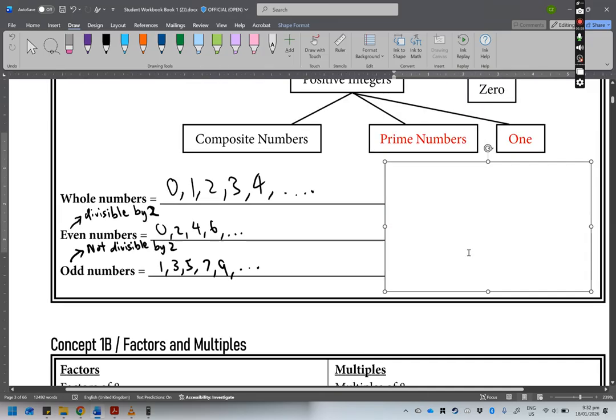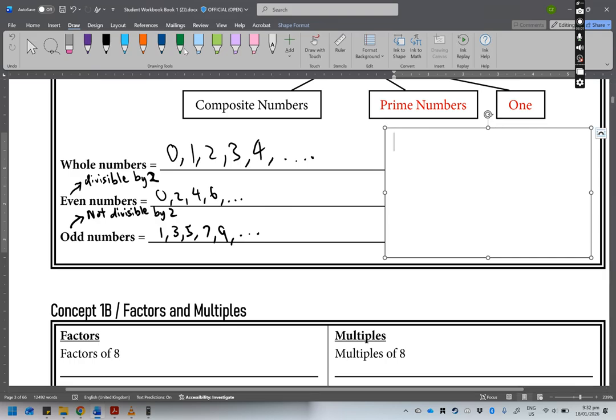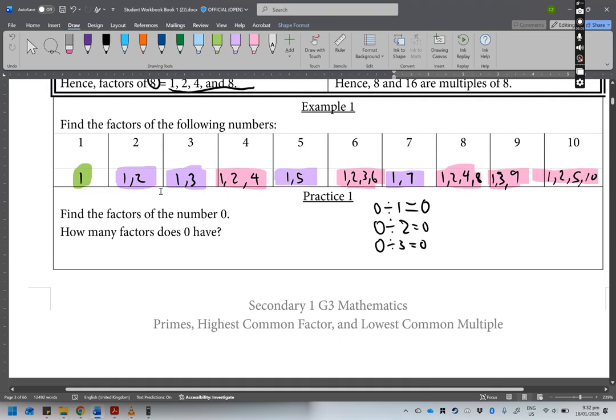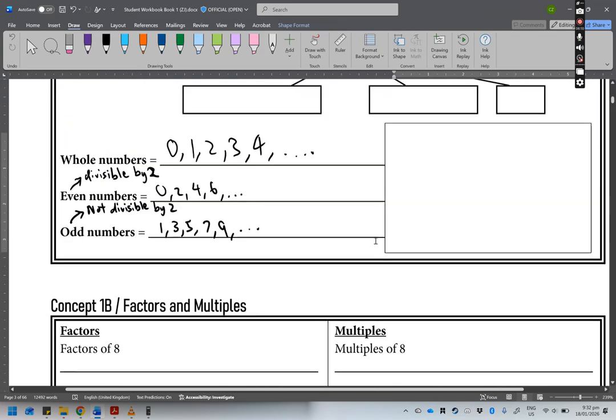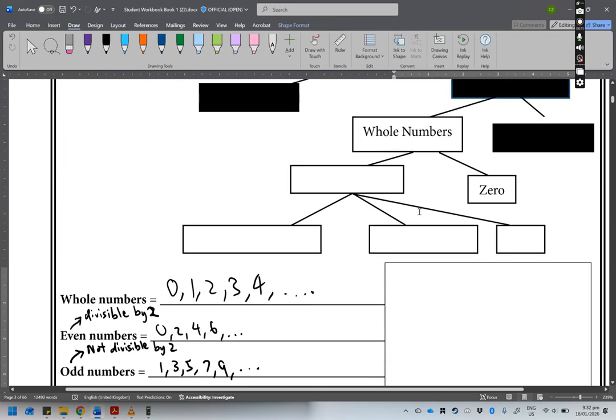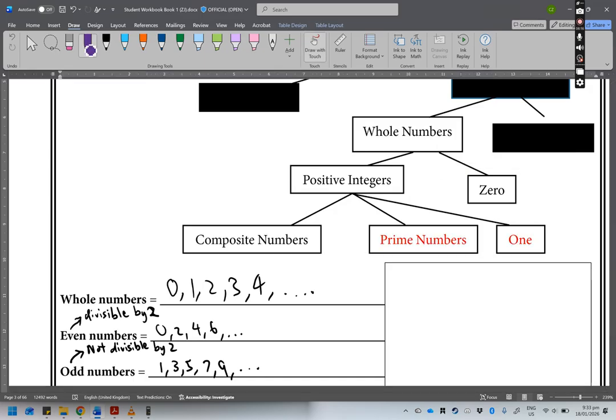Actually, the prime numbers will be those who only have 2 factors, so 2, 3, 5, 7 and so on are prime numbers. So they have only 2 factors.